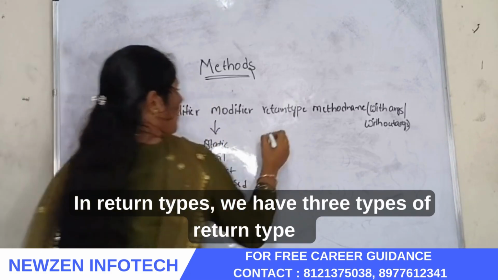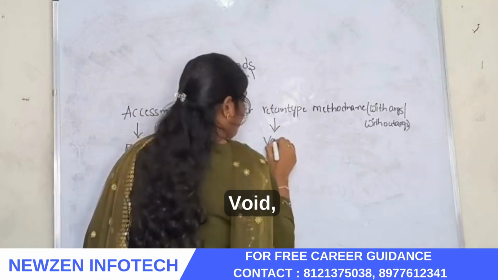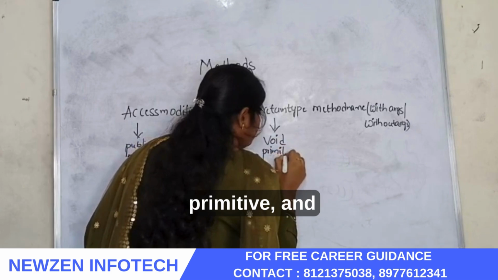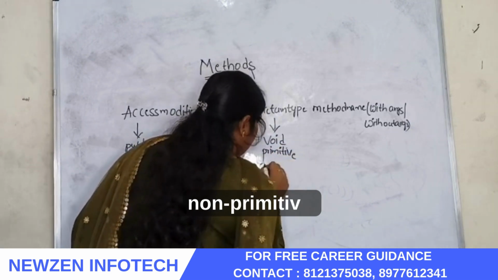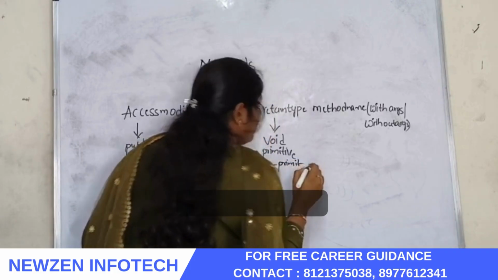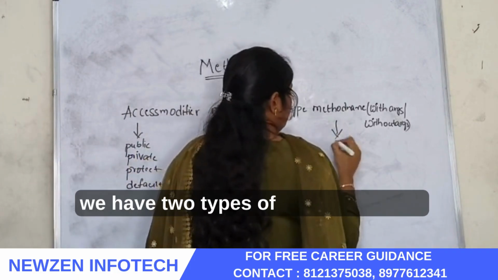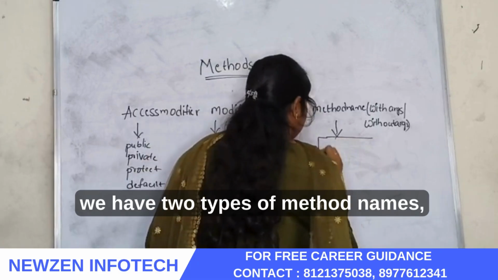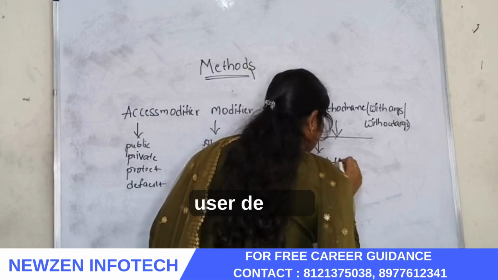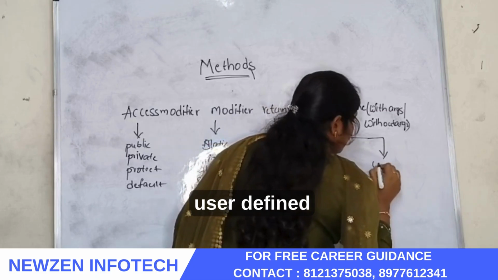In return type, we have three types of return types: void, primitive, and non-primitive. For method names, we have two types: predefined and user defined.